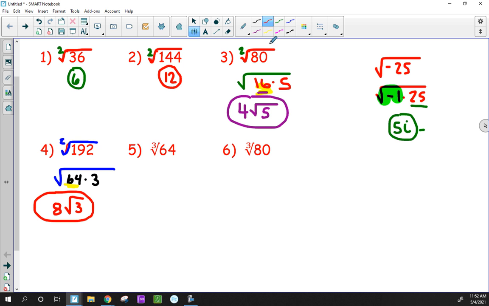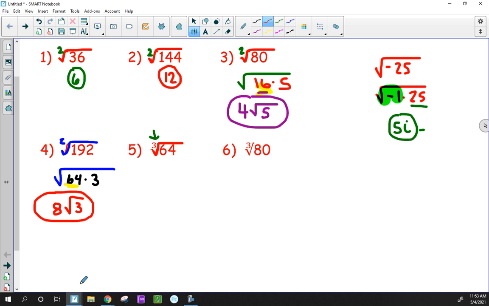Okay, we're going to move to number 5. Number 5, I want you to notice that the index number I have changed on you. It is a 3. The radicand is 64. This is asking for the cube root of 64. In other words, what number times itself 3 times is 64.